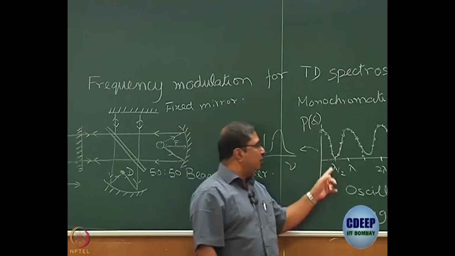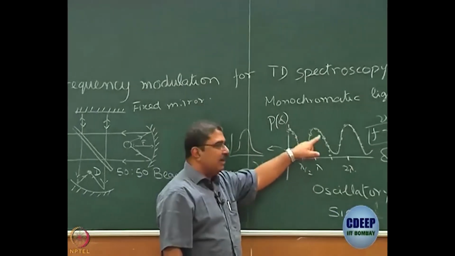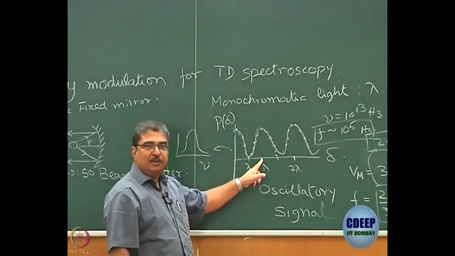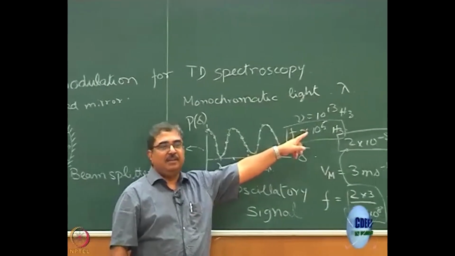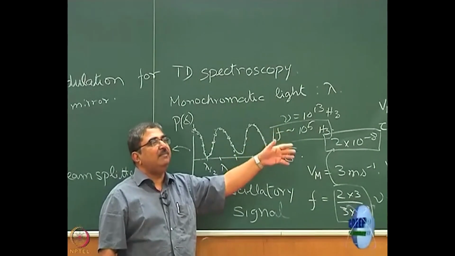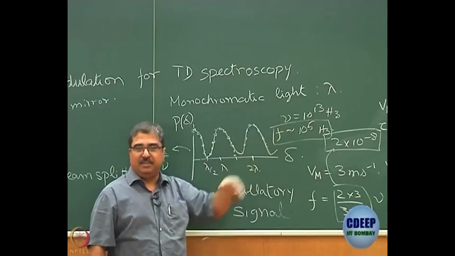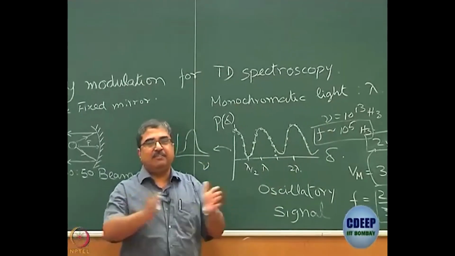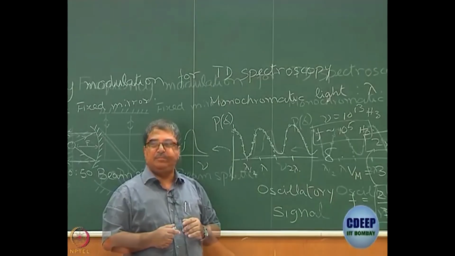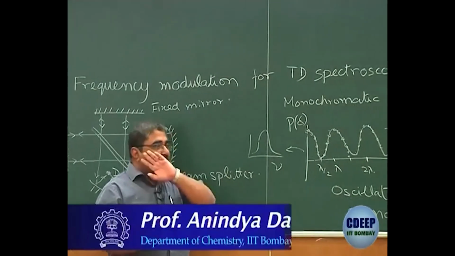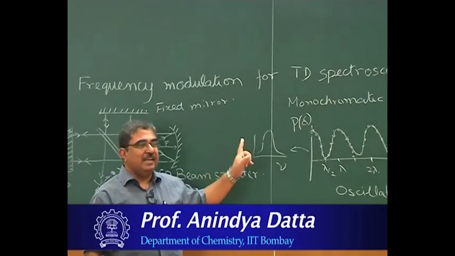So, essentially you do not want to stop; on this curve you can stop at lambda, that is one option, or you can go all the way up to say 10 lambda or 20 lambda, or even 200 lambda, that is better. So, the total travel delta is what determines resolution. This is the situation if you have monochromatic light.